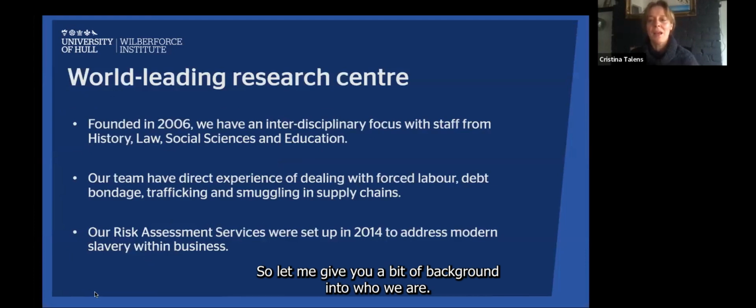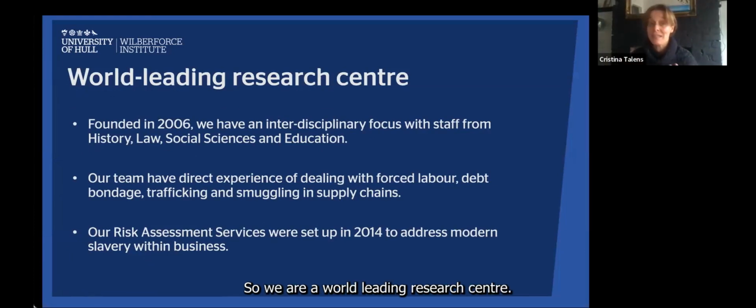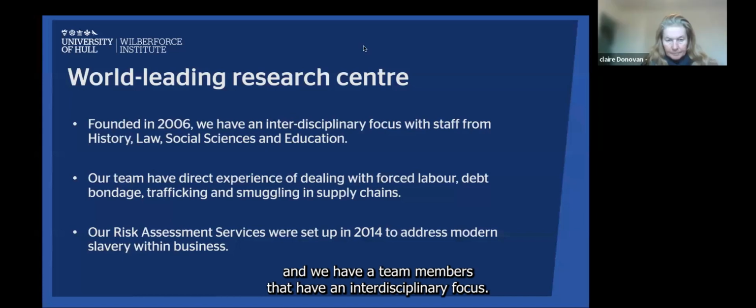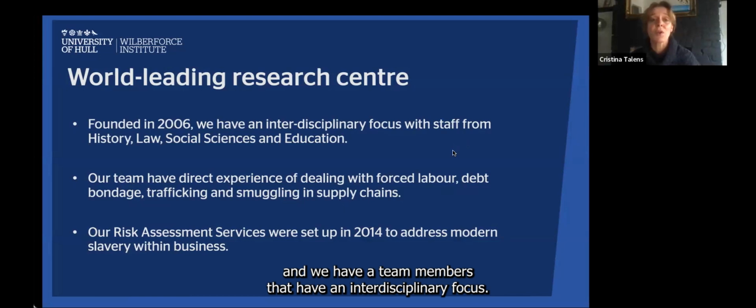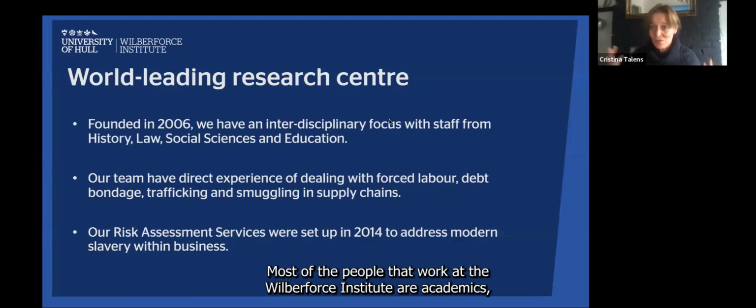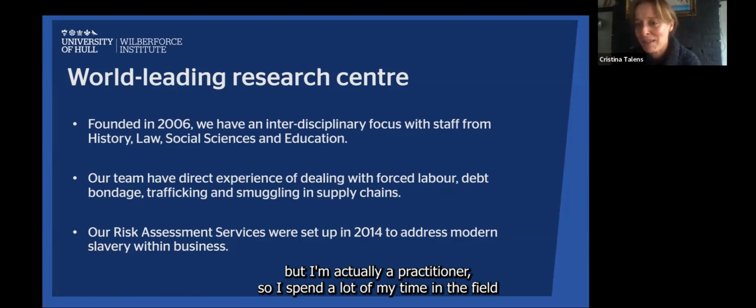So let me give you a bit of background into who we are. We are a world-leading research center. The Wilberforce Institute was set up in 2006, and we have team members that have an interdisciplinary focus. We come from history, law, social sciences, and education. Most of the people that work at the Wilberforce Institute are academics, but I'm actually a practitioner, so I spend a lot of my time in the field.